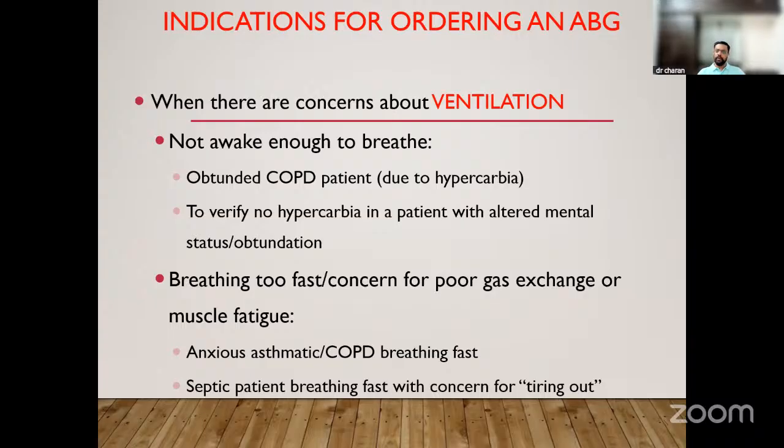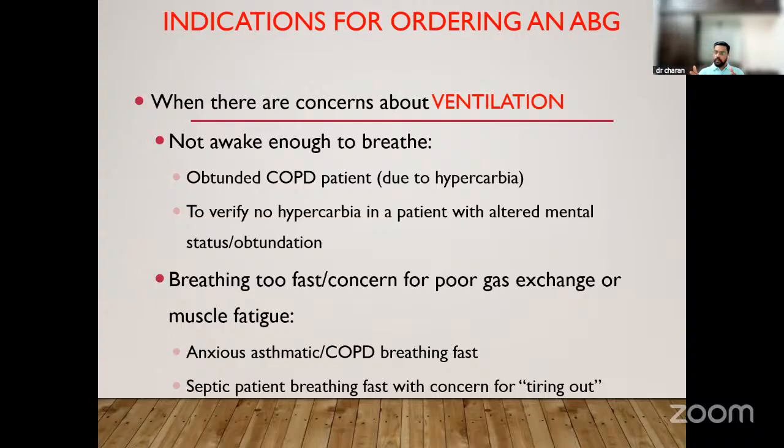Or if any patient has an encephalopathy or drowsiness, do an ABG just to rule out carbon dioxide as a reason for it. So whether ventilation is adequate or not, whether the pump or the respiratory muscles are functioning properly.